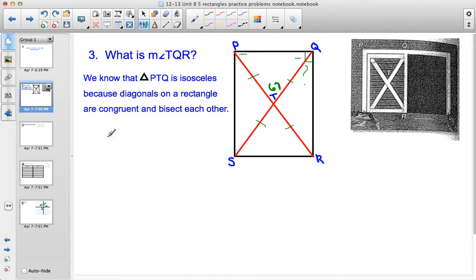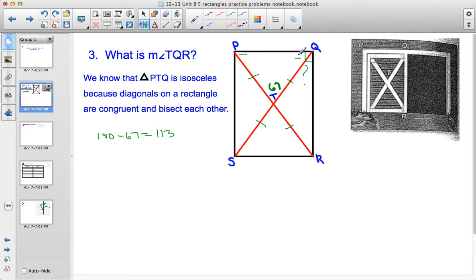Okay, so this is what it's going to look like. We know that a triangle adds up to 180. So 180 minus 67, the 67 for angle PTQ, equals 113. So what that means is this angle right here and this angle right here have to add up to 113 because it's isosceles.